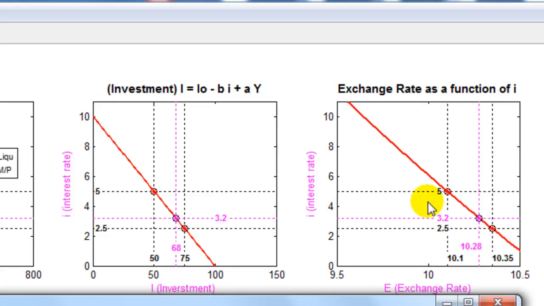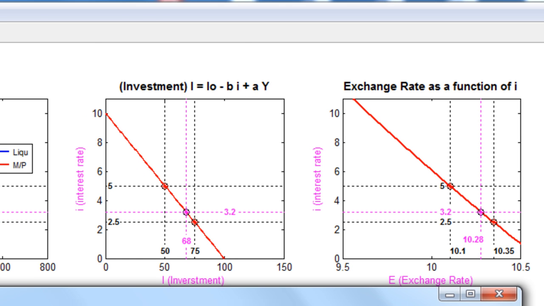We are going to see this in future videos, but I am going to focus on this information that tells us that if the interest rate is 5, then the exchange rate is this. If the interest rate is 2.5, the exchange rate is 10.35, and this other example for the purple color information.